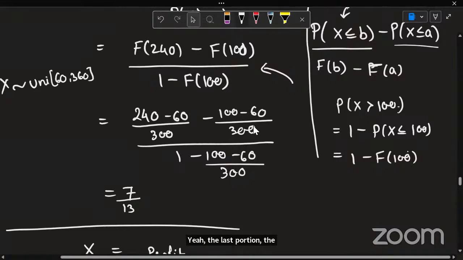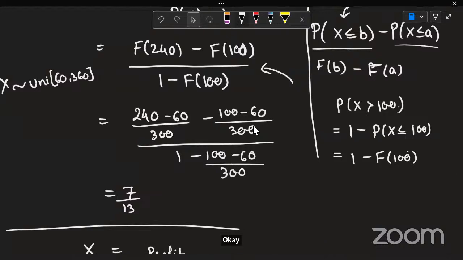I think the answer would differ, it would be 7 by 13. This is 1 minus this fraction, which is different from 1. It's not along with the 1, right? Yes, this might be some issue with me. Thank you, ma'am.